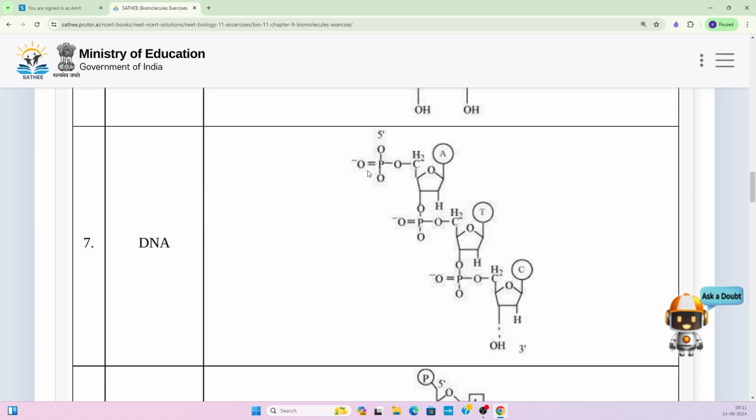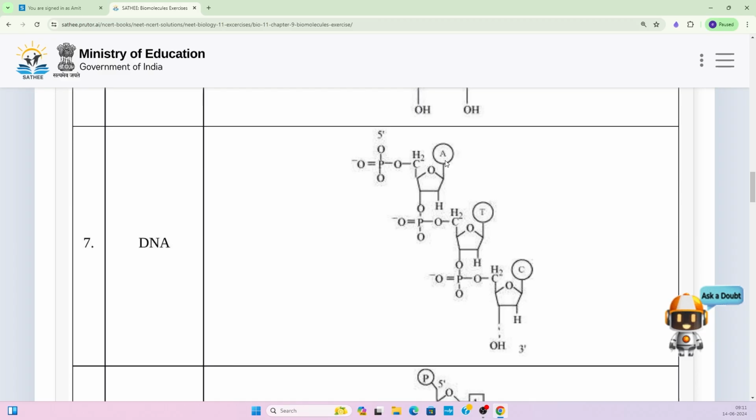Next is DNA. You can see the structure of DNA. This is the sugar, and with the sugar you can see this adenine is joined here, and this is the phosphate group. So this is one nucleotide. A nucleotide is formed by the nitrogenous base, sugar molecule, and the phosphate group joined together.